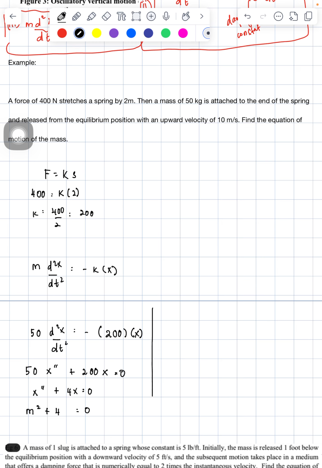We can solve by using the formula, or you can use your calculator. So we will have m equals plus minus 2i. This is complex conjugate roots. So our solution will become x(t) equals c1 cos 2t plus c2 sine 2t. Okay, that's the answer.